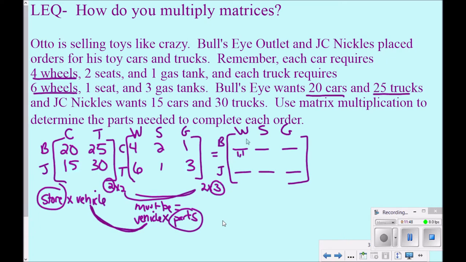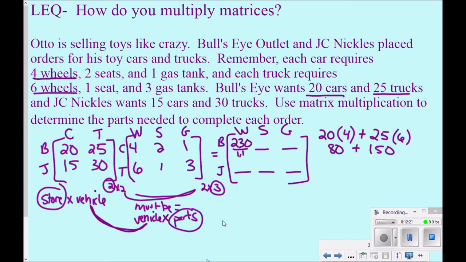That's what we're filling in right here: the wheels for Bullseye's order. So I would take the number of cars times the number of wheels required per car, and add the number of trucks times the number of wheels needed per truck. And I get 80 plus 150, which is 230.